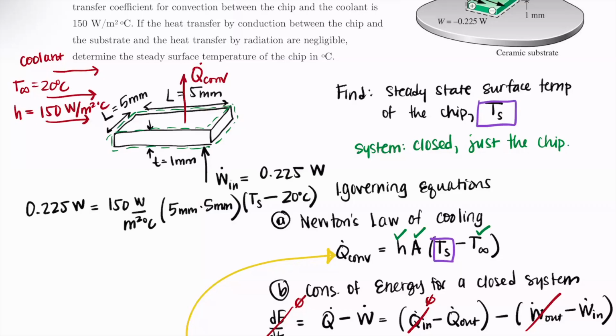Since our H is in terms of C, I'll leave it as C. And that means that our surface temperature that we solve for is going to be in terms of C as well. Okay. I need to divide this by 1000 squared to get rid of my millimeters into meters, right?